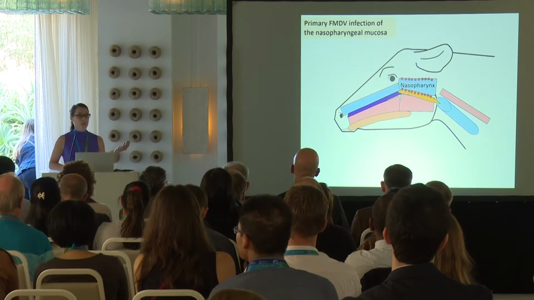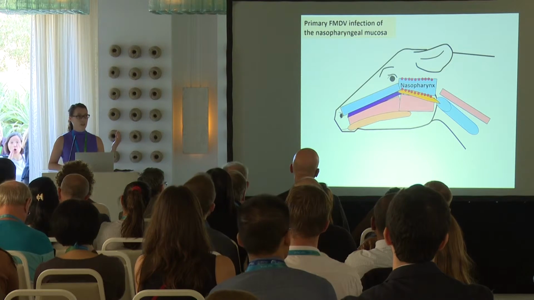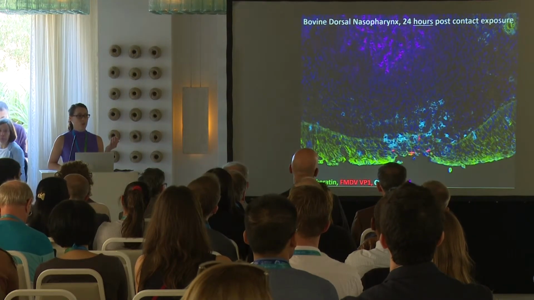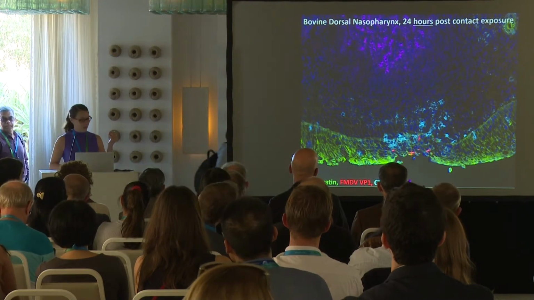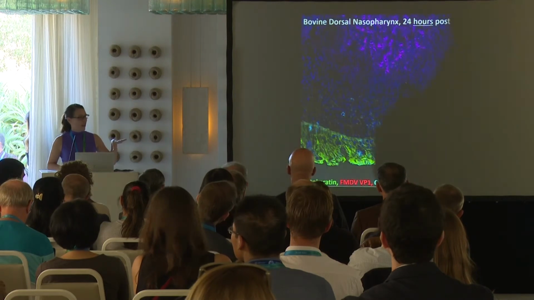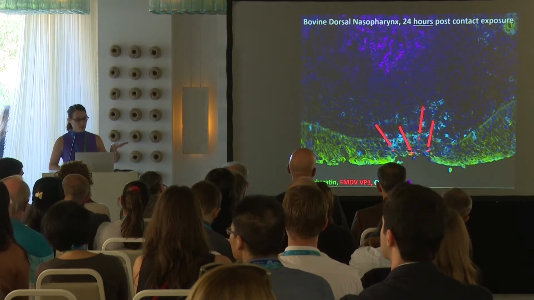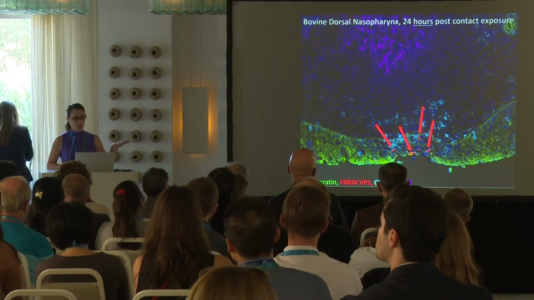When we do that, we see an initial or primary virus replication that sets up within the nasopharyngeal mucosa. If you're lucky enough to capture that with your microscope, it looks just about like this. I'm sorry for the people in the back who might not see, but the green color here is the epithelium of the mucosal surface, and within that you have these few little red cells that are virus-infected cells within the epithelium.